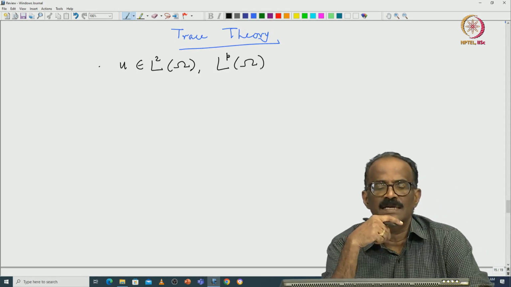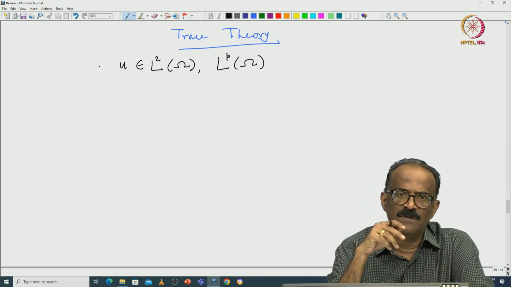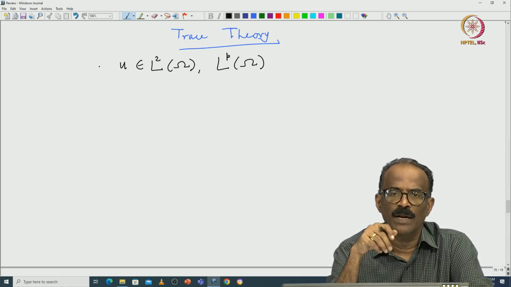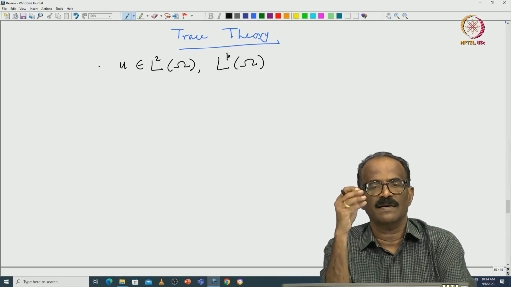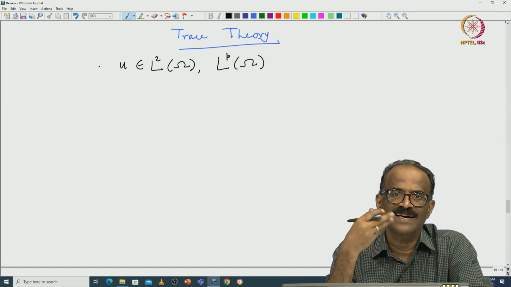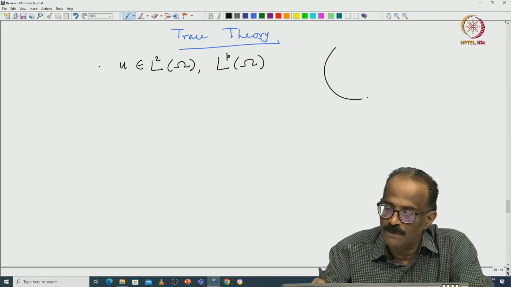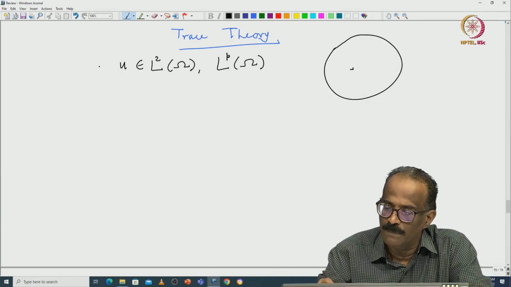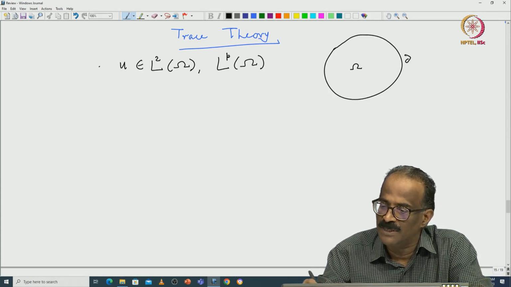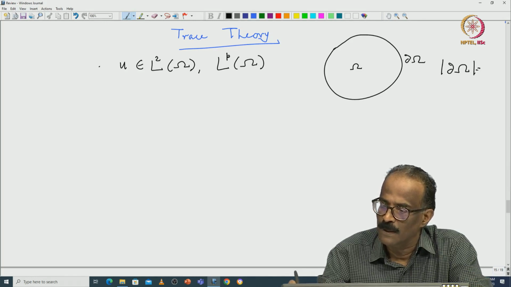That means that if two functions f and g are equal almost everywhere, then f and g are regarded as the same function. So, it is like an equivalence class. Since the boundary of omega, the d omega, has measure 0, the Lebesgue measure of d omega is 0.